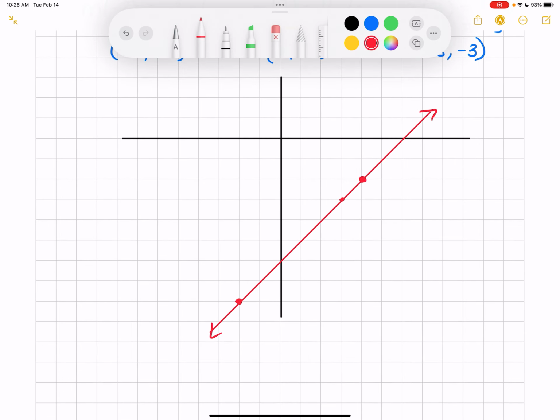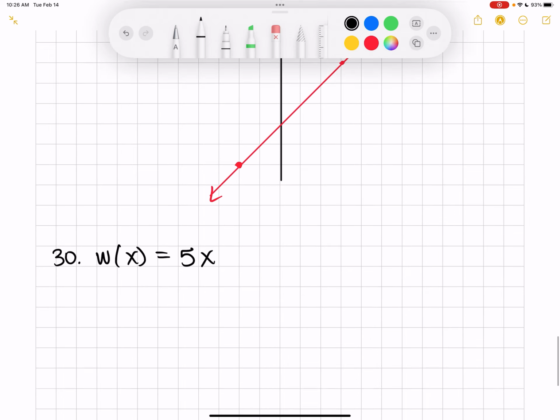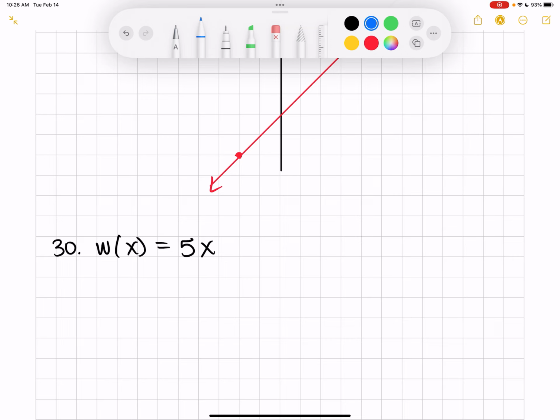Let's do 30. This one is W of X is equal to 5X. So what number do you want to plug in first? 2. So W of 2 is equal to 5 times 2, which is 10.